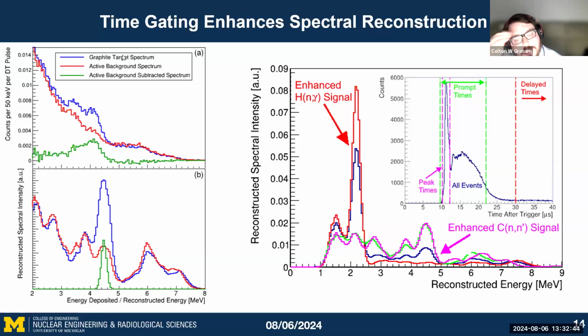And then in the larger figure, we show the reconstructed gamma ray spectrum from each of those different time regions. And what you'll note is that we get different signal to background for different signatures using different time regions. For example, during the prompt and peak times in green and purple, we see an enhanced signal to background for that 4.4 MeV gamma ray from the carbon-12 inelastic scattering, as compared against just looking at all events regardless of timing.